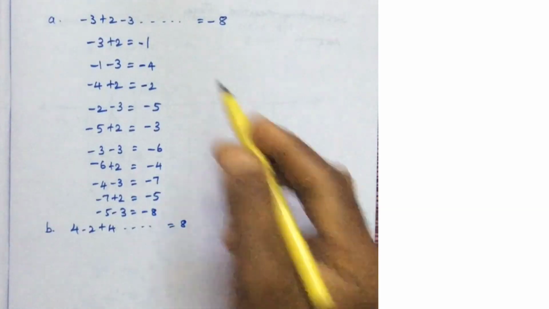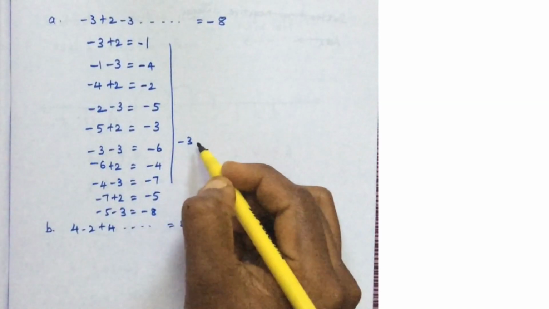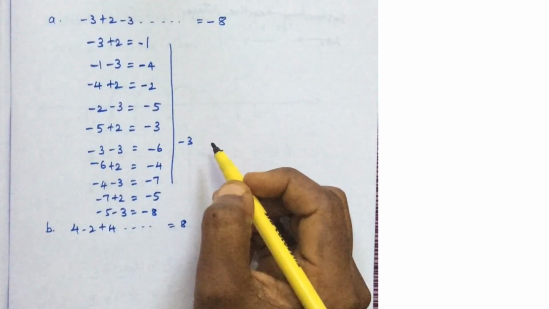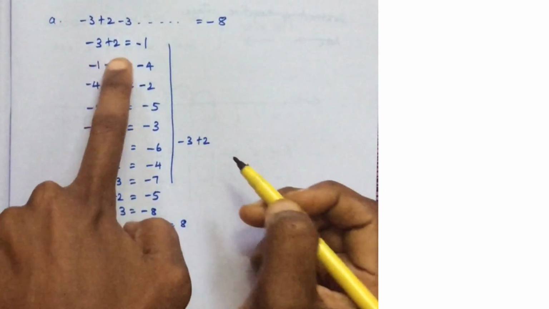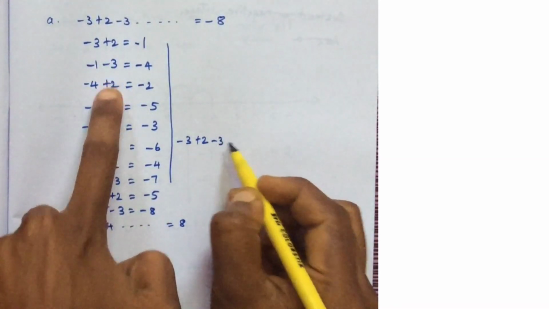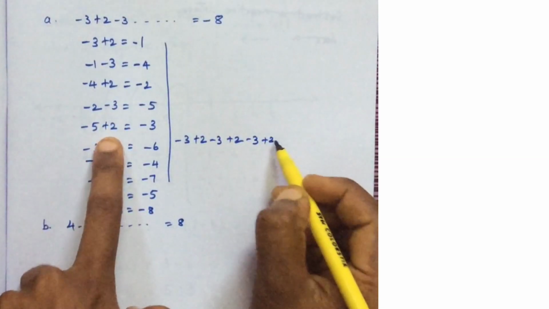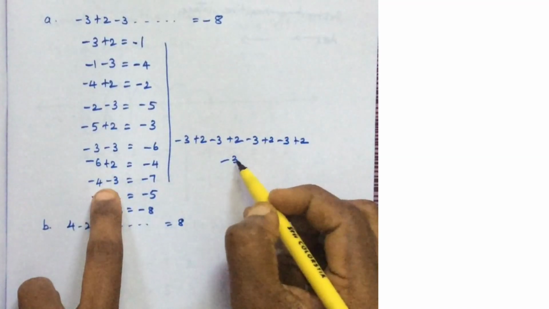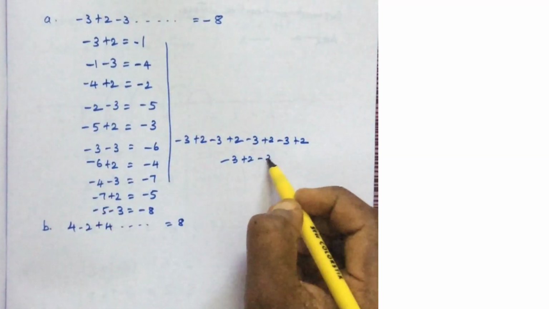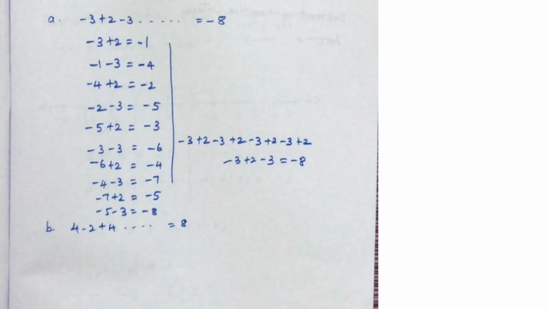So, now what is the answer? Minus 3 plus 2, minus 3 plus 2, minus 3 plus 2, minus 3 plus 2, minus 3. Okay. If you do this, you will get minus 8.